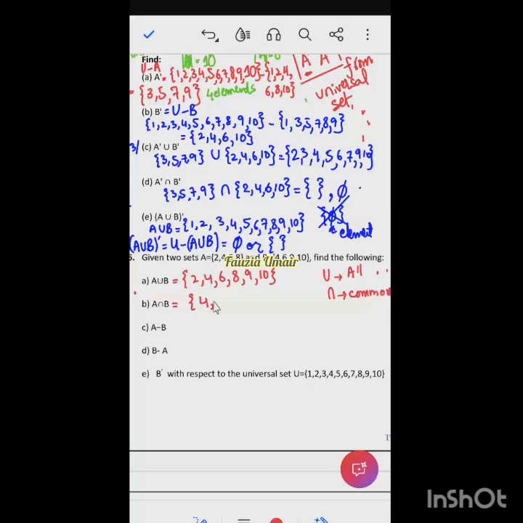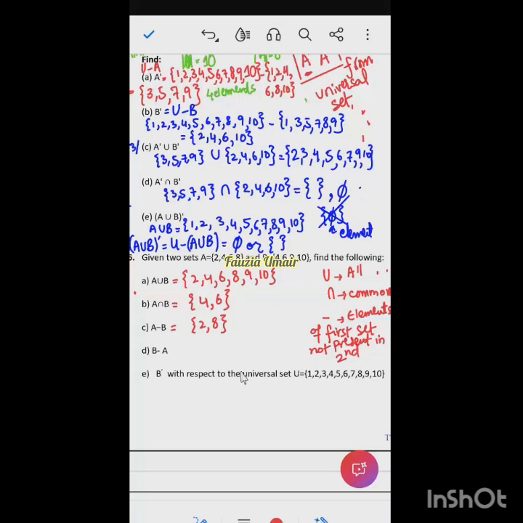So A minus B is difference. So difference is elements of the first set not present in the second. I'm writing this again for those who have not attended the previous classes.